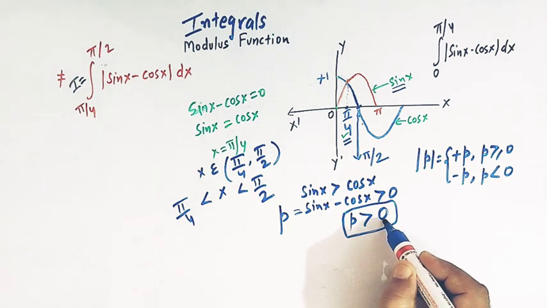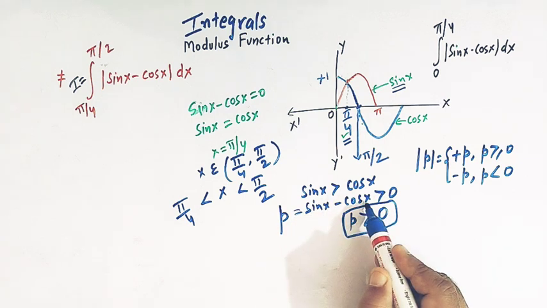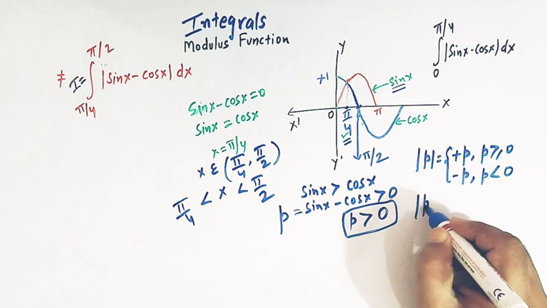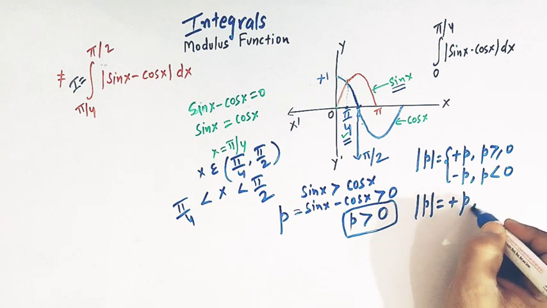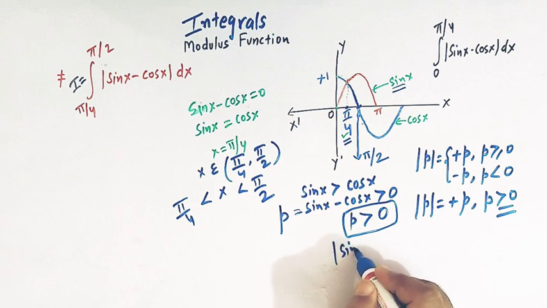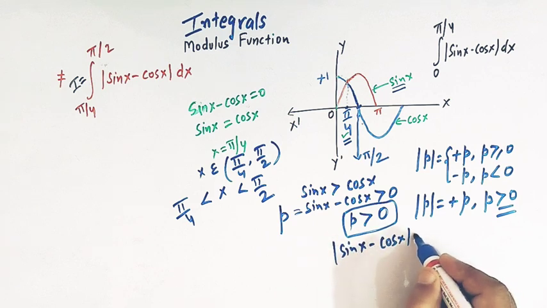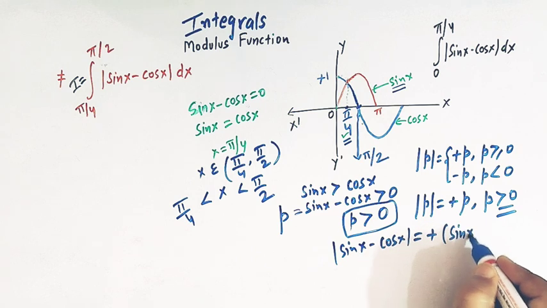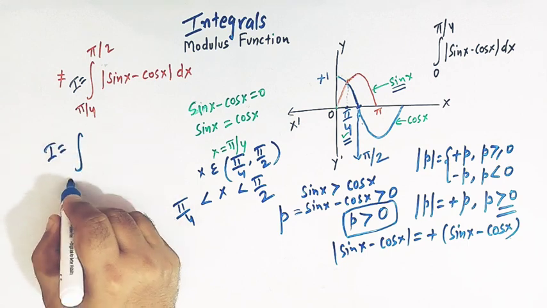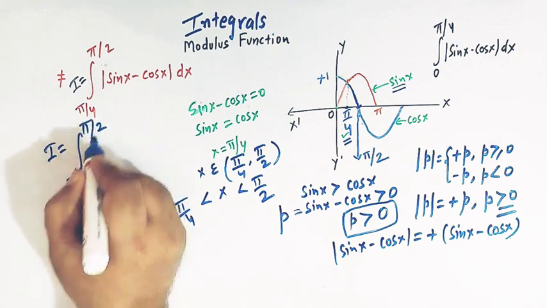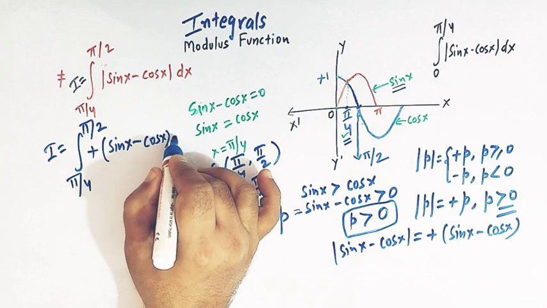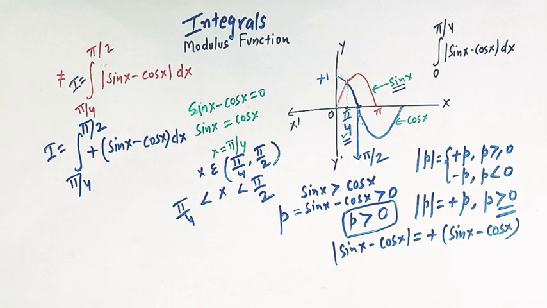So by the definition of the mod function, mod of sine x minus cos x is equal to positive sine x minus cos x. So this integral I can be written as the integral from pi by 4 to pi by 2 of sine x minus cos x dx.